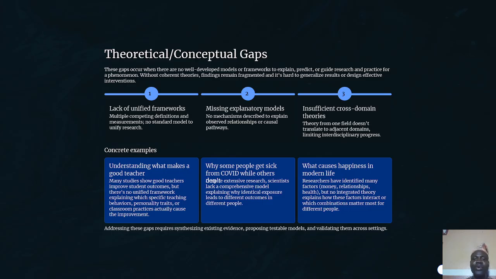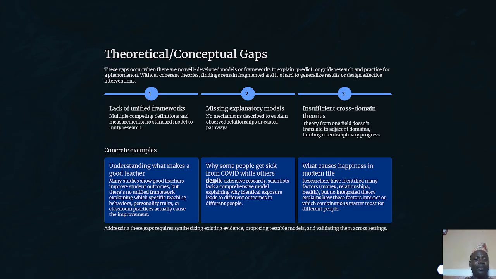For example, when we are dealing with the technology acceptance model and so many other ones, for instance, we can have lack of a unified framework, multiple competing definitions and measurements, no standard model to unify research. We can have a missing explanatory model, no mechanism described to explain an observed relationship or causal pathway. We can have insufficient cross-domain theory. The theory from one field doesn't translate to the adjacent domain.